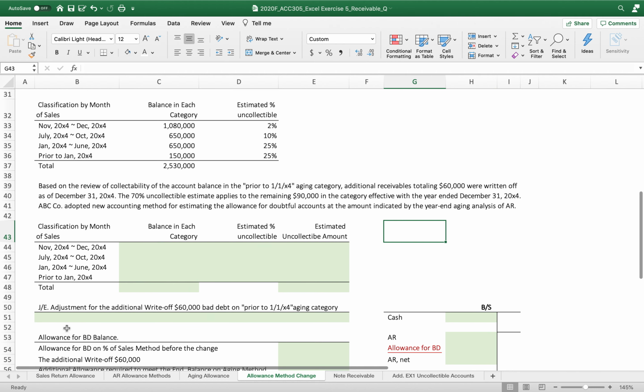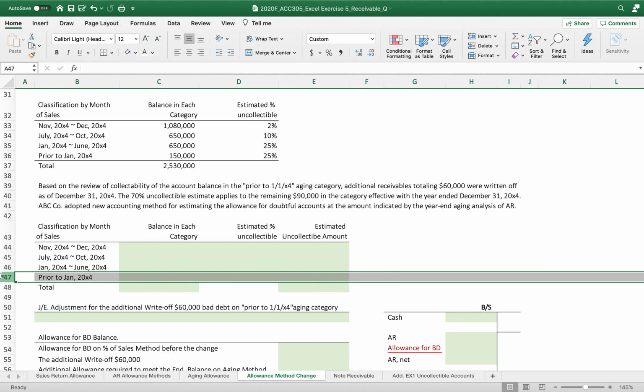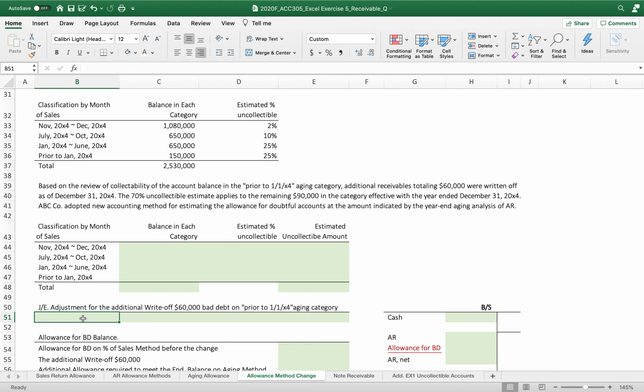So let's start from this journal entry work first. Adjustment for additional written off $60,000 bad debt on this aging category. So allowance for bad debt 60,000, and AR, because that is the write-off.